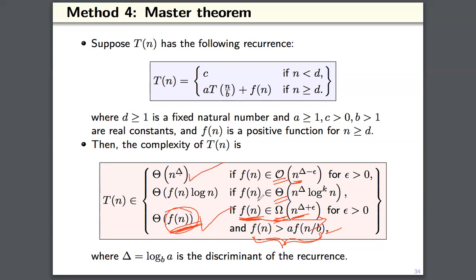But if both are asymptotically similar complexities, both have n power delta as the power, okay, we will see some examples later. Assume that if both have similar complexities, then you just multiply by a log n term, right?